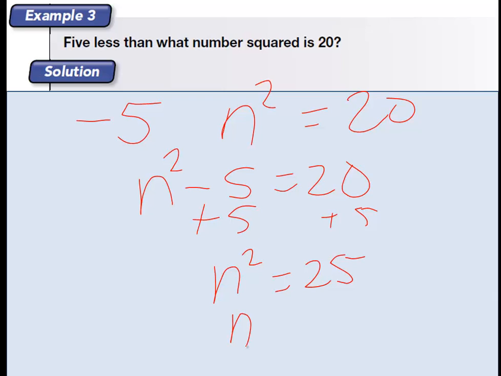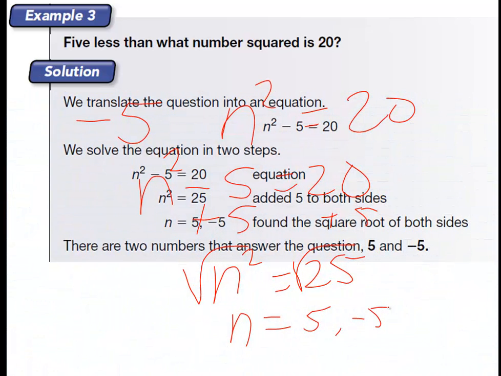So when we take the square root of both of these, we get n equals 5 and negative 5. Of course, the principal square root of 25 would only be 5. I just showed you that to help you understand the leap that we make when we take it down to there. Okay? So n equals 5 and negative 5.